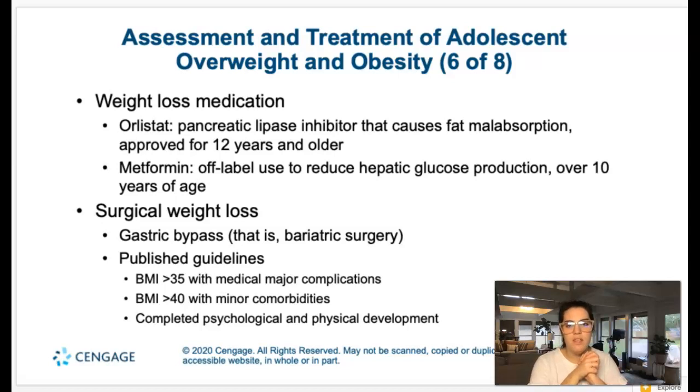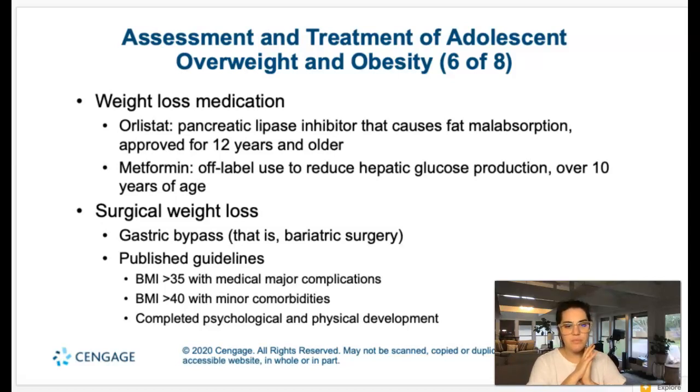Surgical weight loss would be the most severe intervention. And any type of surgical weight loss is known as bariatric surgery. So in order for an adolescent to be approved for a bariatric surgery would mean that they have a BMI greater than 35 with a major complication, or a BMI of greater than 40 with minor comorbidities.